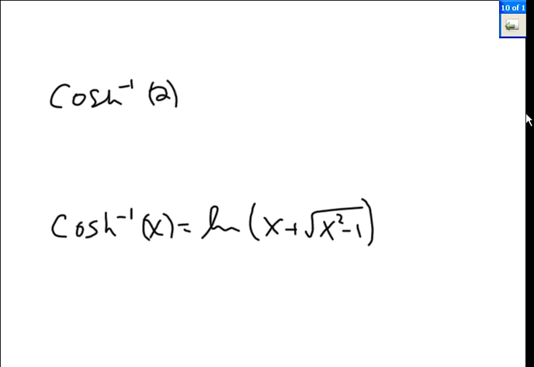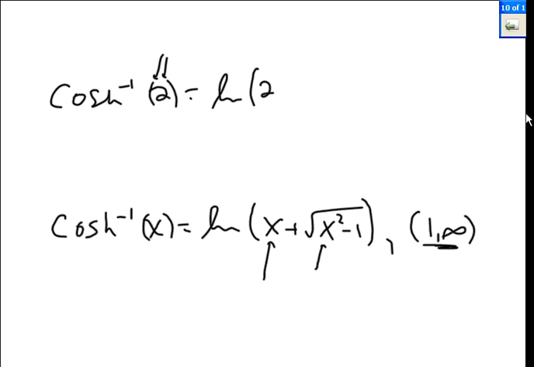No, actually, that was a derivative. No, actually, this is correct. And remember, the domain was from 1 to infinity. So I'm not going to plug that number in unless it's between 1 and infinity. And since 2 is more than 1, it's between 1 and infinity. So this is the rule I use, except wherever I see x, I plug in 2.